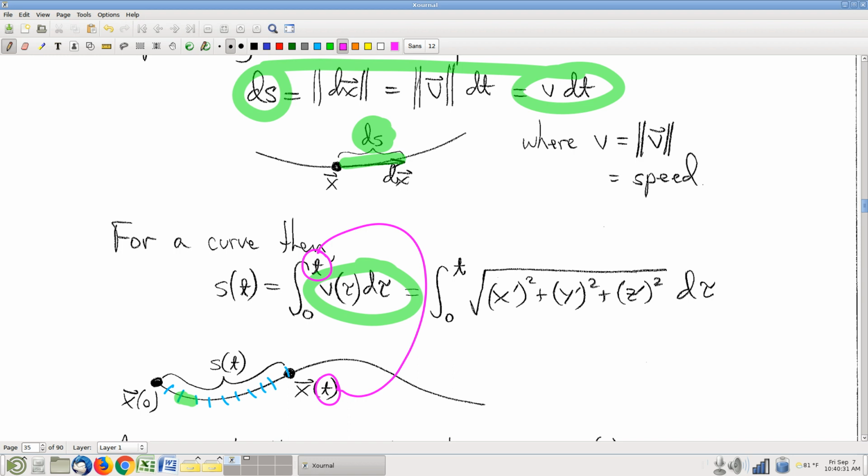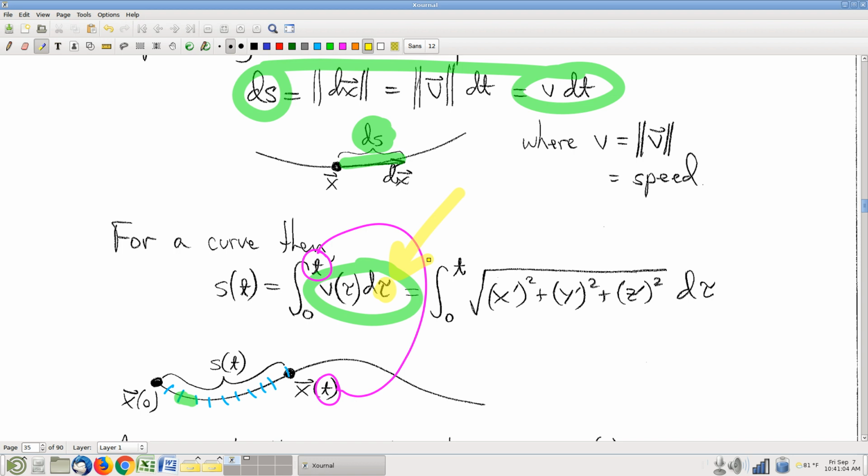So if t is fixed, then as I move along, what is this thing that starts at 0 and ends at t? It can't be t. It doesn't make any sense at all to say consider values of t between 0 and t. So you just have to have a different dummy variable. What you use in an integral is just a dummy variable. You could use q if you like, whatever.